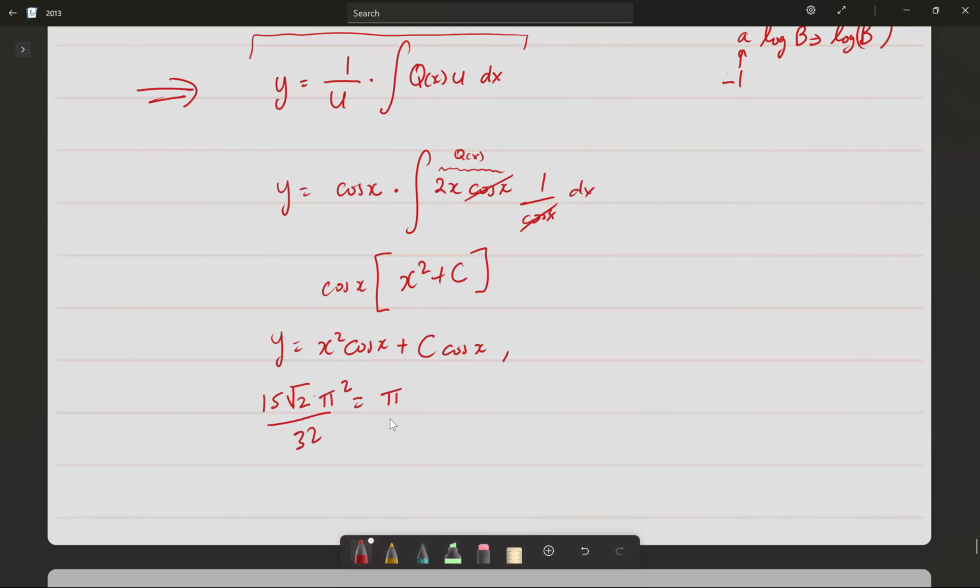So replacing the x and the y, by the way, that's what we're doing. So this is part 2. All of this squared cosine of pi over 4 plus c cosine of pi over 4.